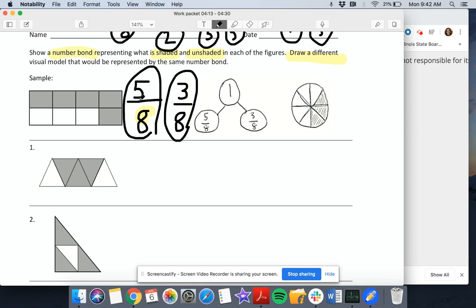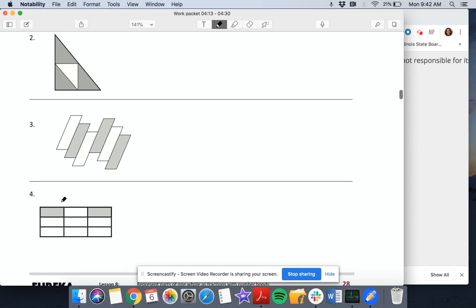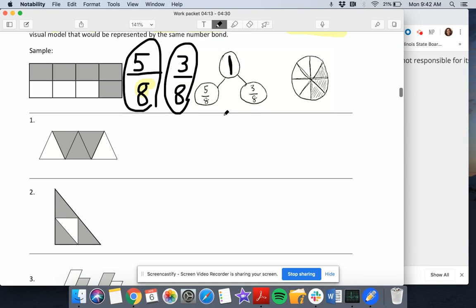And they represented this in the number bond with 5/8 over here and 3/8 over here. But this is just one figure, right? So on top of every one of these number bonds that you're going to represent, you're going to put a 1 on top because this is just one figure, right?